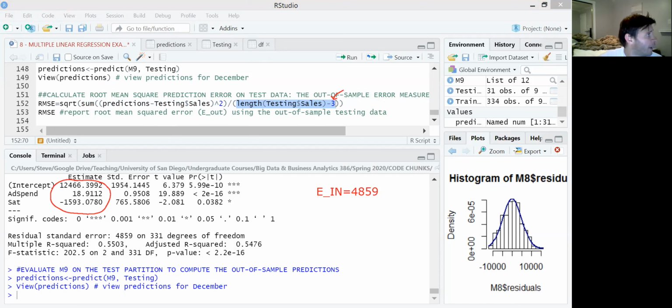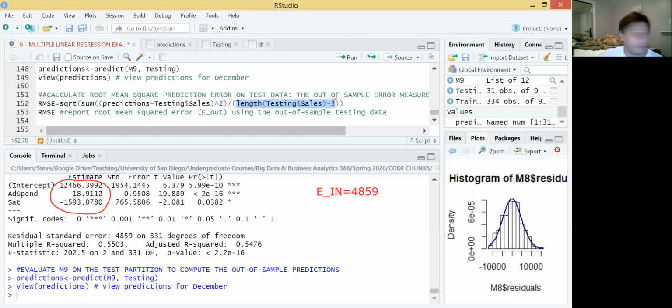And if we go ahead and run line 152, which calculates the average prediction error. Also note, we're taking the square root of it at the very end here. We're taking the square root of the sum of the squared prediction error, really the average prediction error divided by n minus that degrees of freedom adjustment over here, right? The length of testing, the length of that data set, is the number of observations in that data set.